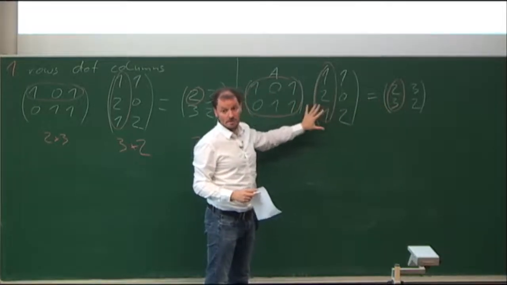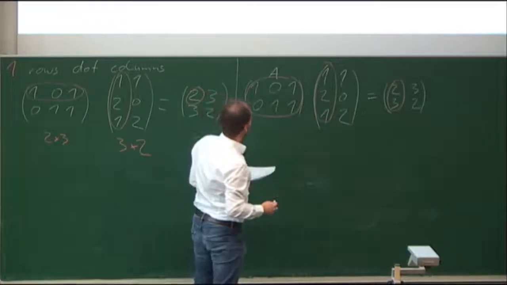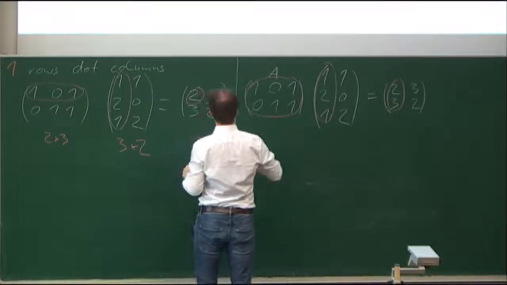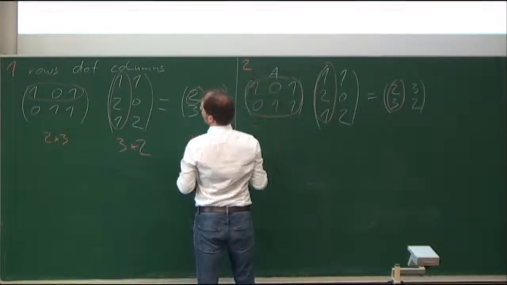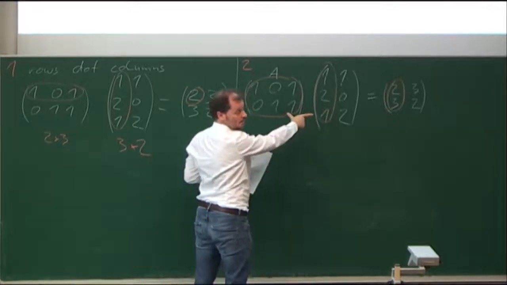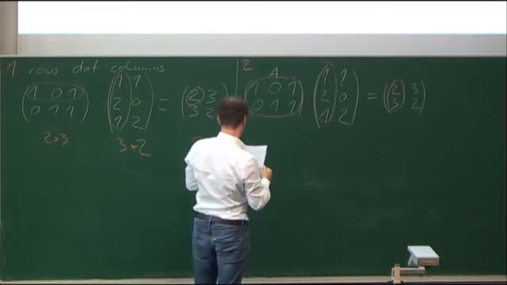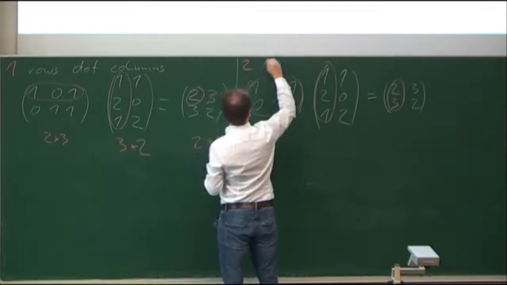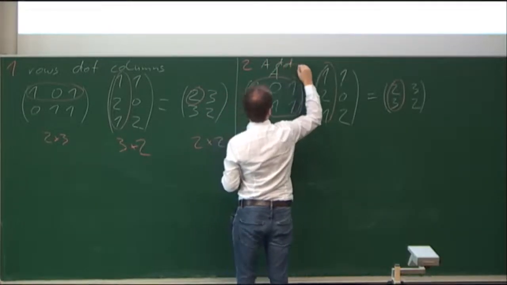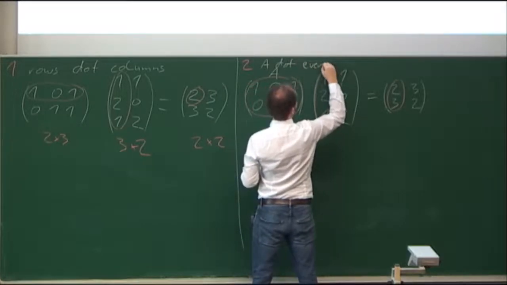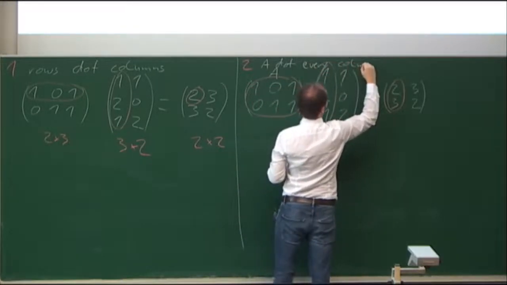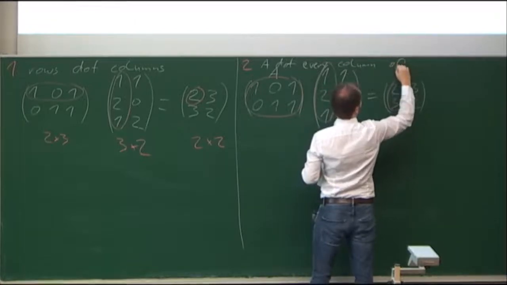And that will be much faster. So that's the second perspective. And in my opinion, that's for us the most important perspective on matrix multiplication. So it's A dot every column of B.